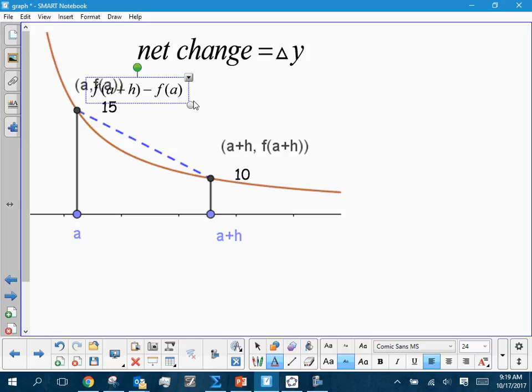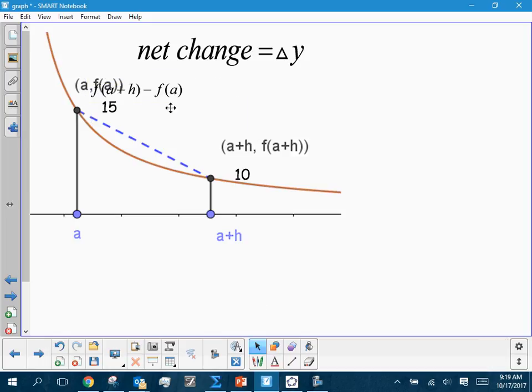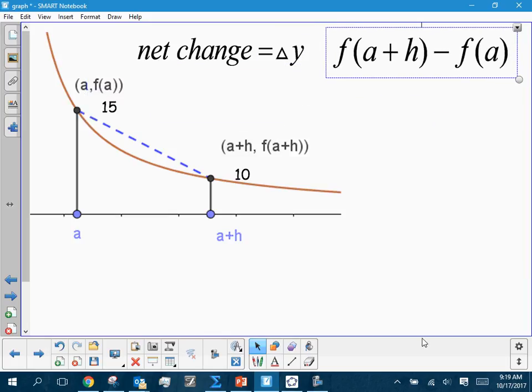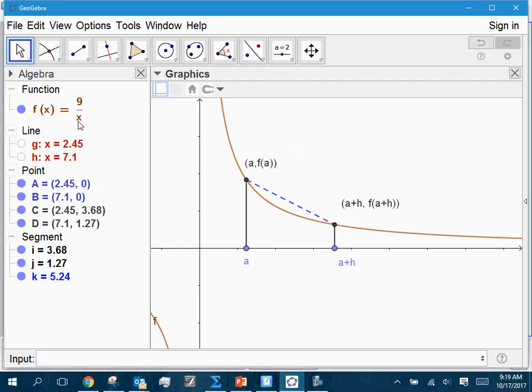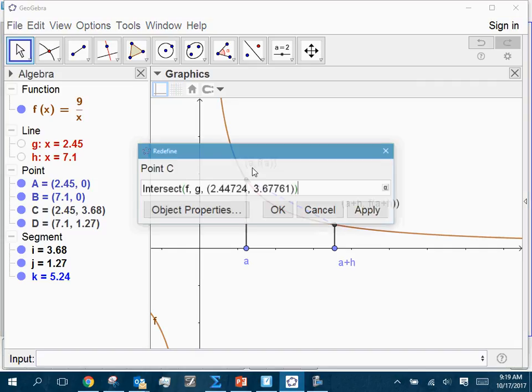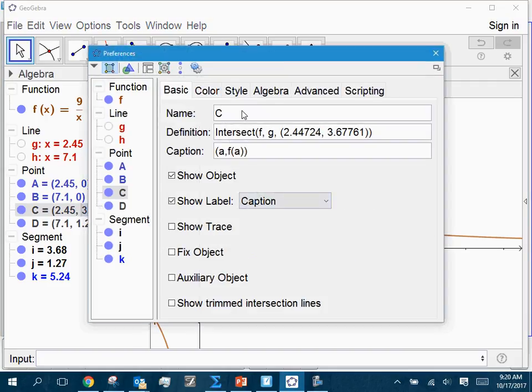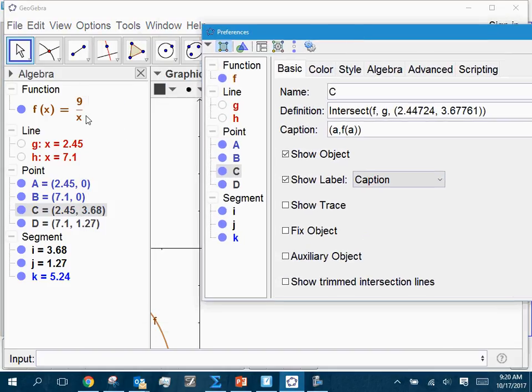So that is my net change. For our particular problem, remember the function was 9 over x. Okay, I have to go back over here, 9 over x. So I'm going to evaluate these functions at 9 over x. This point here at a, if I evaluate that function at a, it's now a, comma, 9 divided by a.